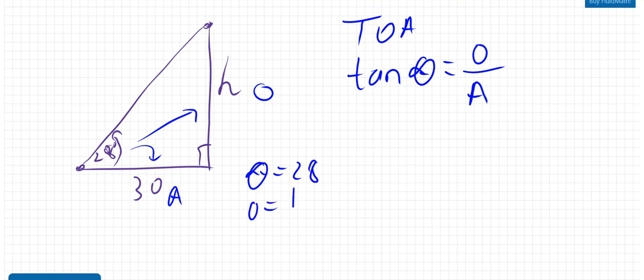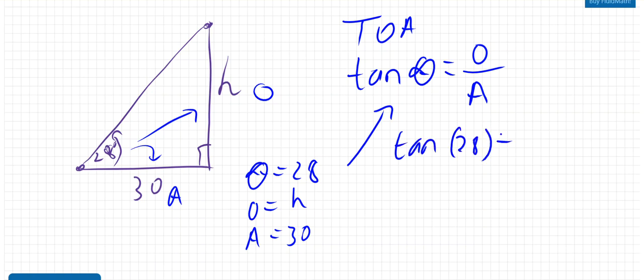Opposite is going to be h, what I'm trying to find. And adjacent is 30 meters. Okay, but I can leave my units till later. So let's substitute these values into our formula. So tan 28 degrees is equal to opposite, so h over 30.